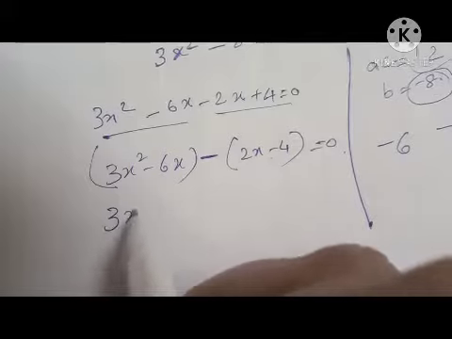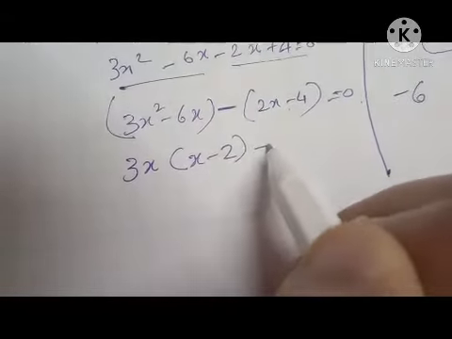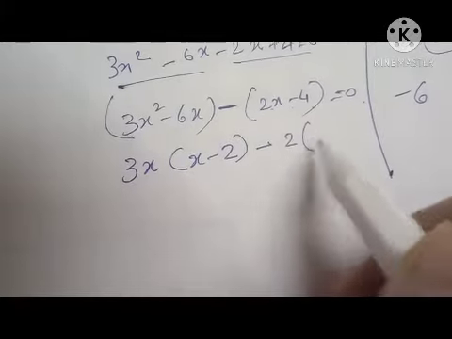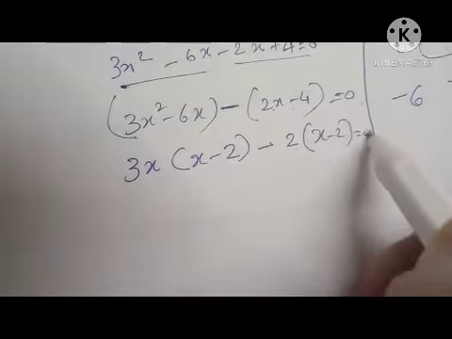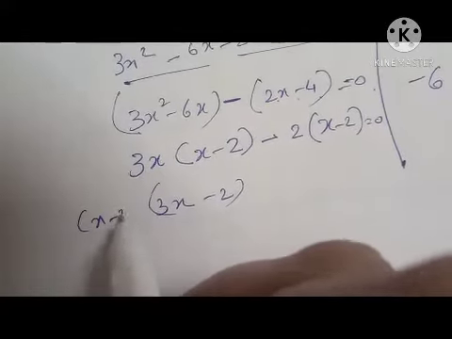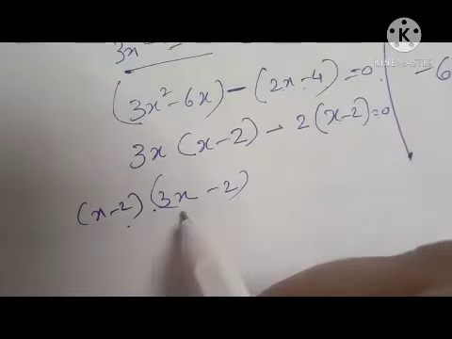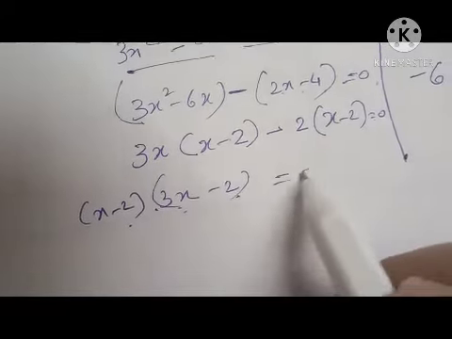Then we can take the common factor 3x outside. Then x minus 2. Then here 2 is the common factor, then x minus 2. Then we can take 3x minus 2, x minus 2. x minus 2 is the common factor that we should take outside. Then the remaining 3x minus 2 comes.